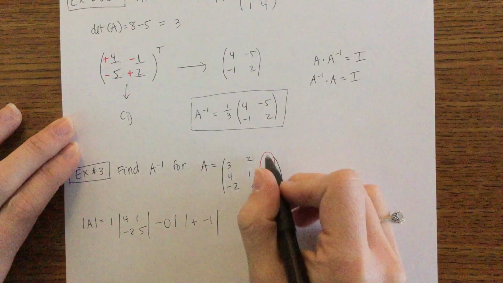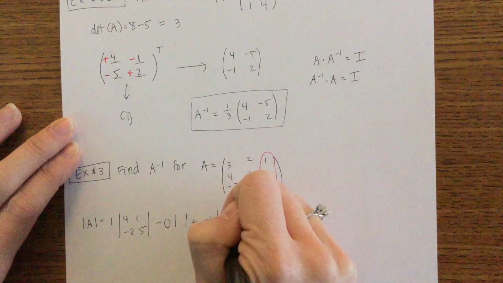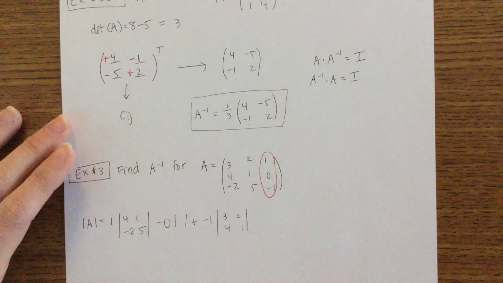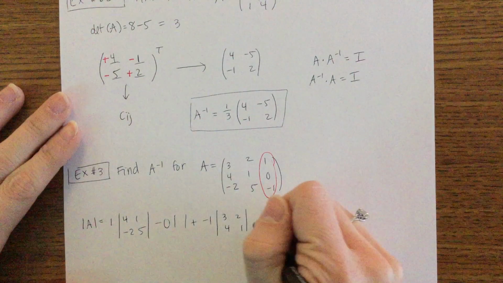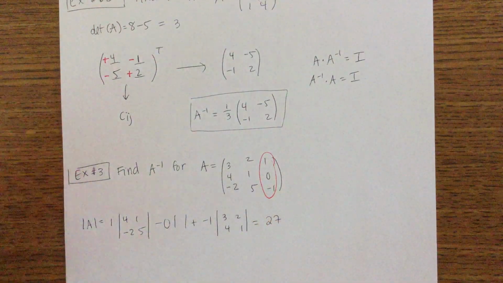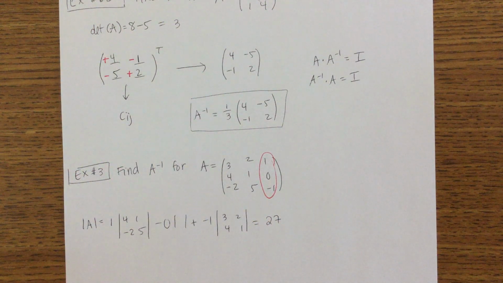Again, ignore that column, that row. I get 3, 2, 4, 1. I'm assuming that you can do the computations. You get 27.